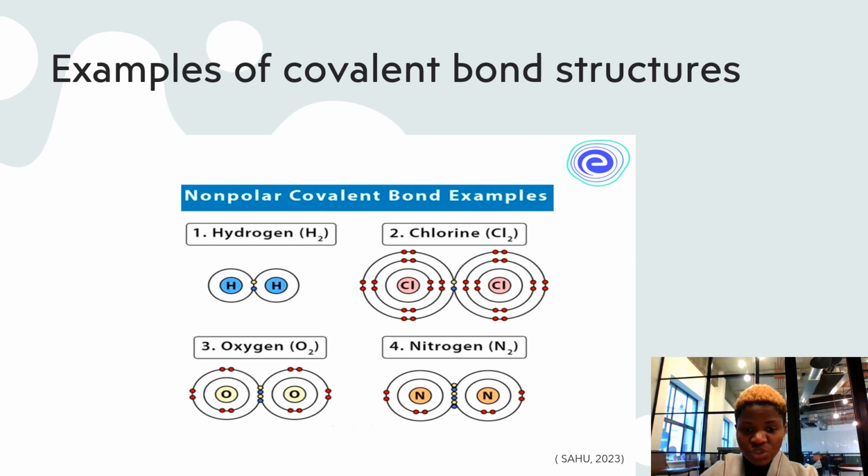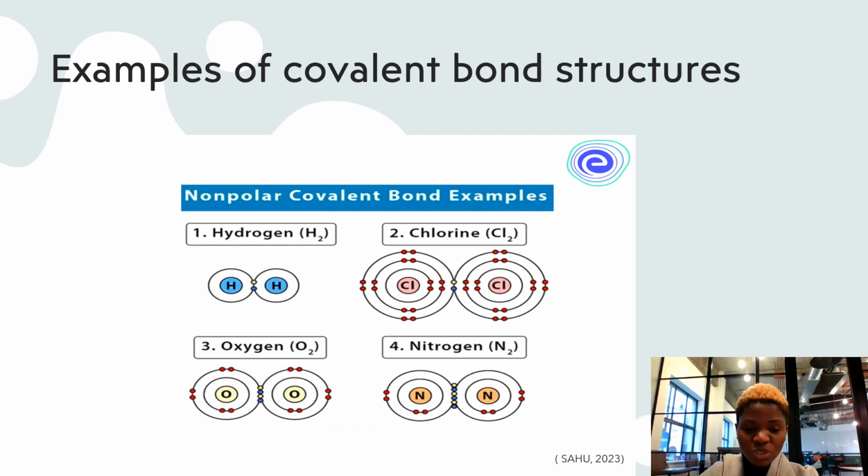Now we have chlorine, which is also a single bond because it has one valence electron seeking to bond to complete its outermost shell. And then we have oxygen, which is a type of double covalent bond because it has six electrons in its outer shell seeking two to complete.